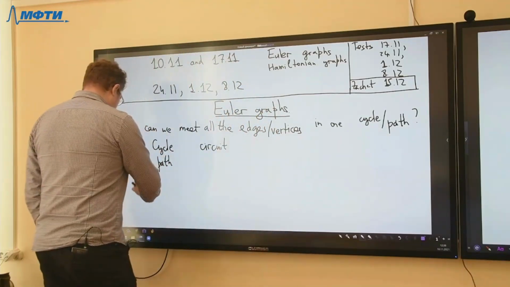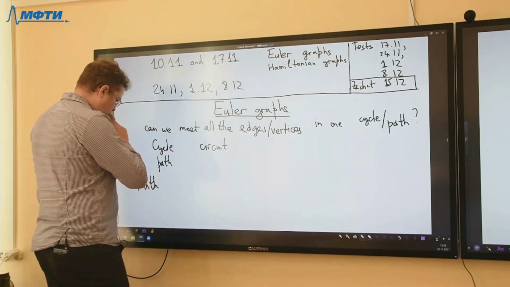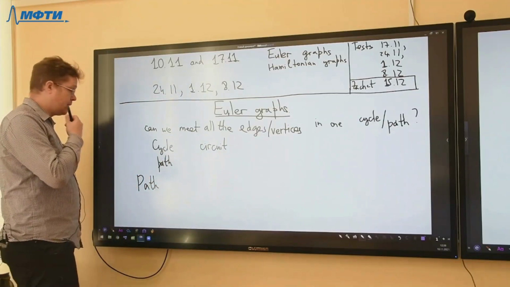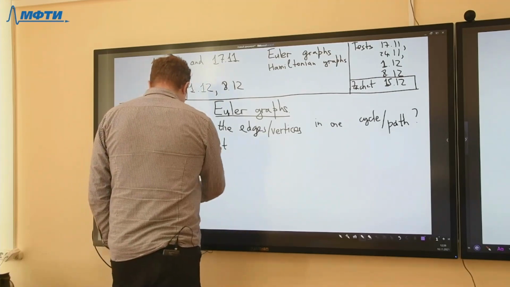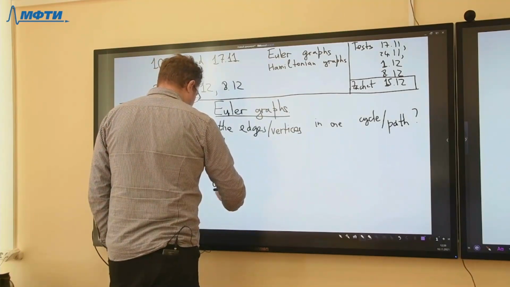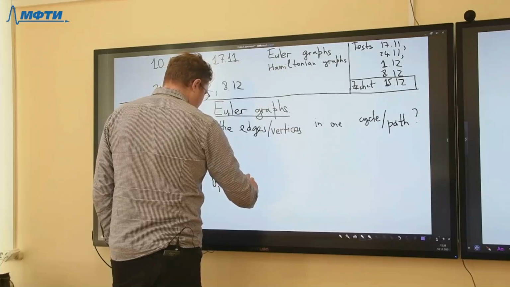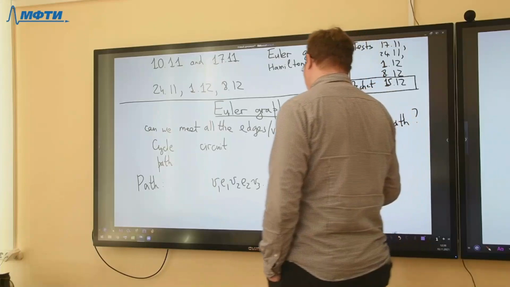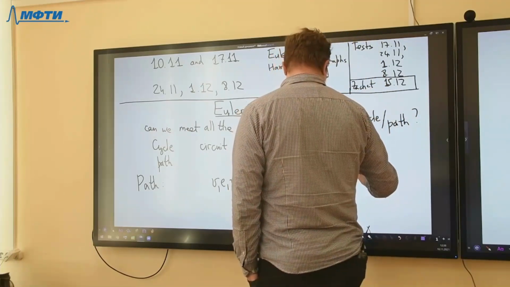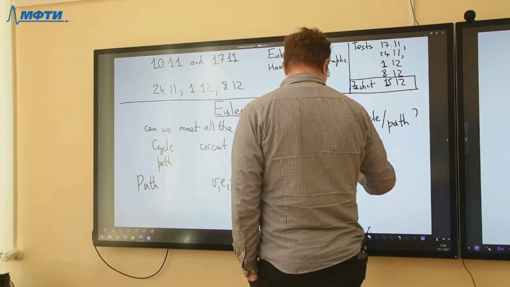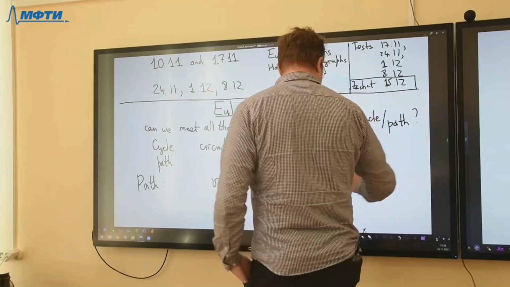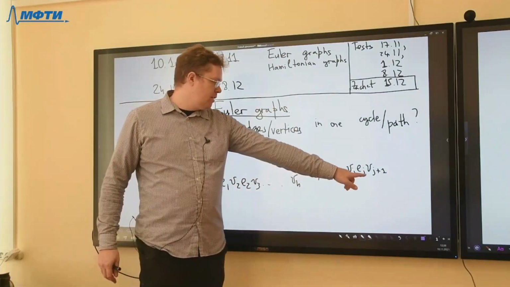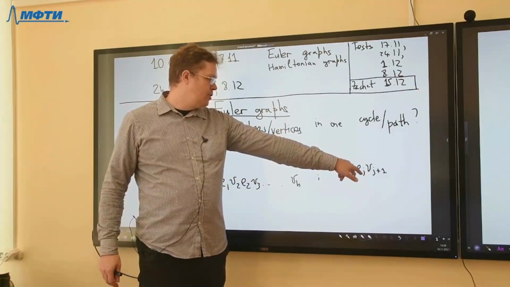So if you're talking about a path, we're talking just about sequences of vertices and edges. So we have a sequence V1, E1, V2, E2, V3, etc., Vn, such that the edge Ei is the edge that connects vertex Vi with vertex Vi+1.